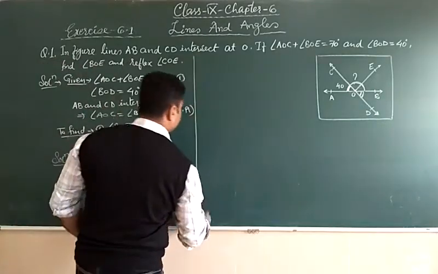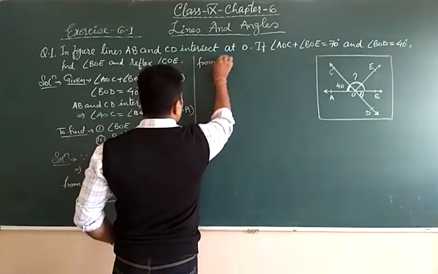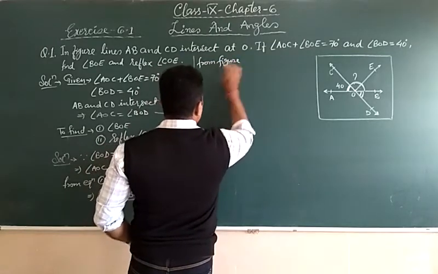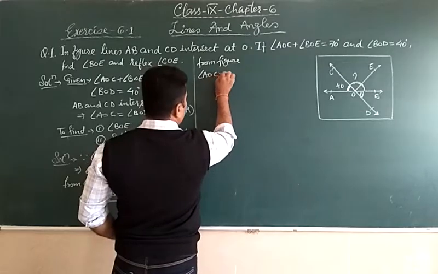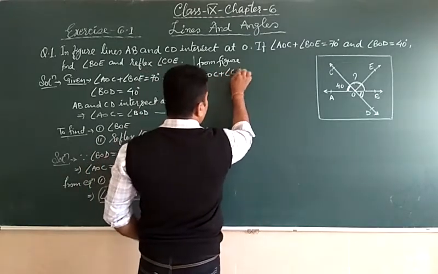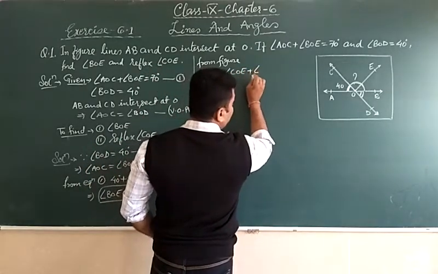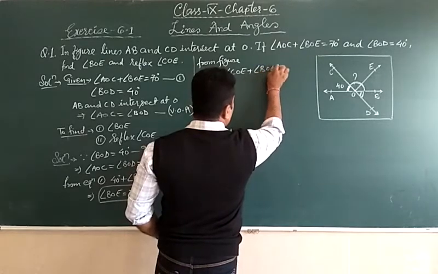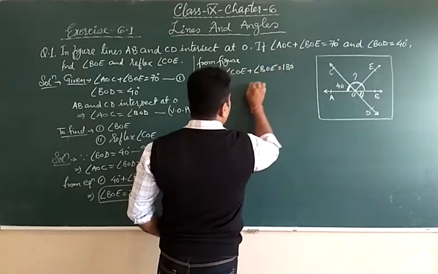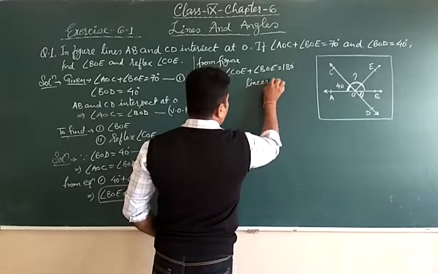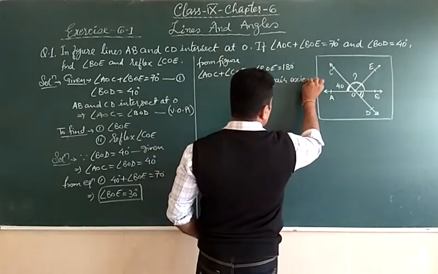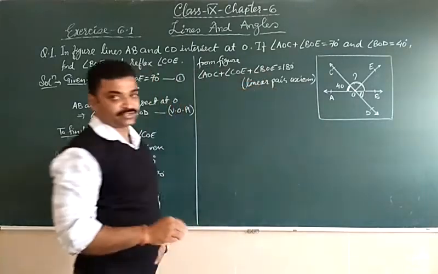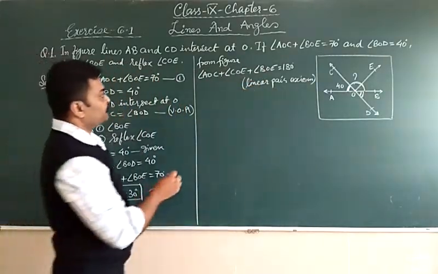Again, from the figure, angle AOC plus angle COE plus angle BOE is equal to 180 degrees by linear pair axiom. Clear?